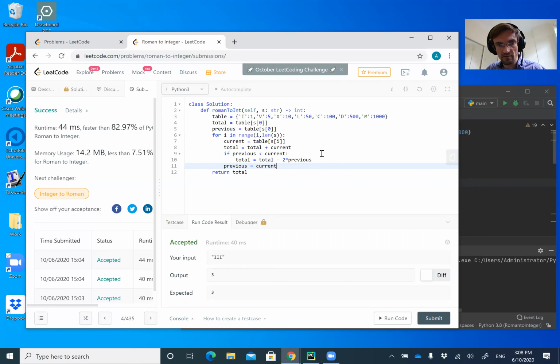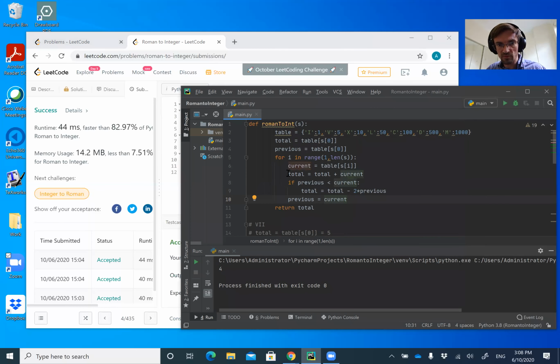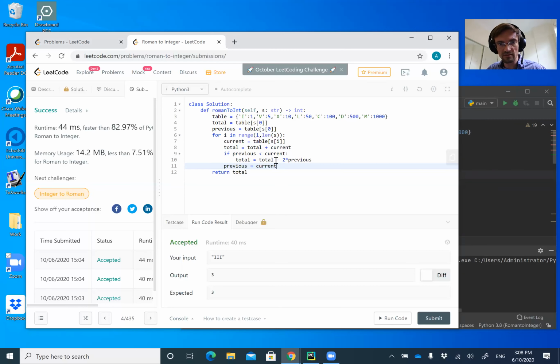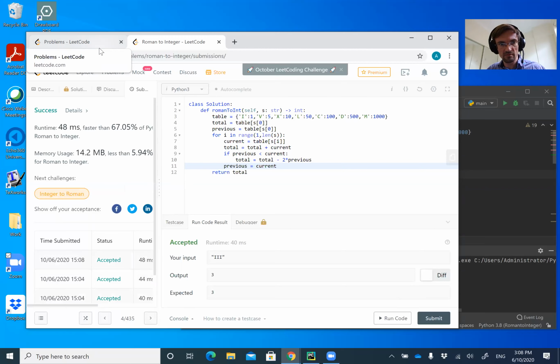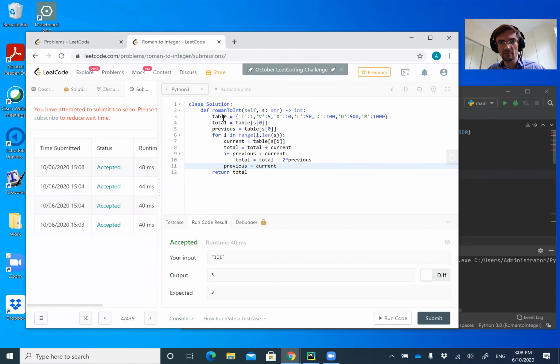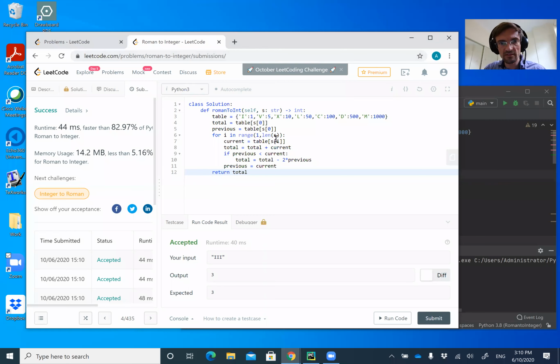Okay. I guess there is another small optimization. Let's run that. Submit. Okay, it just doesn't seem like I'm getting the fastest possible.